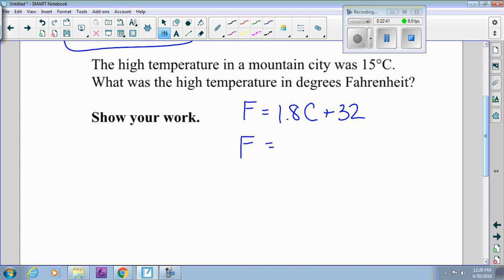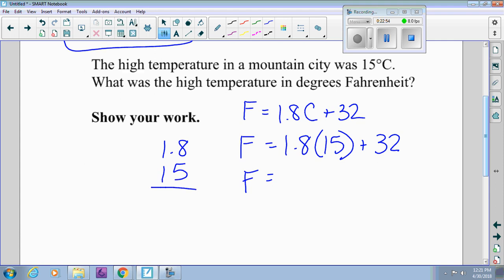So 1.8 times 15. Again, showing your work is very important here. Even if you use a calculator on this, you're going to want to make sure you write down everything you do. So 5 times 8 is 40. Did I do that right?